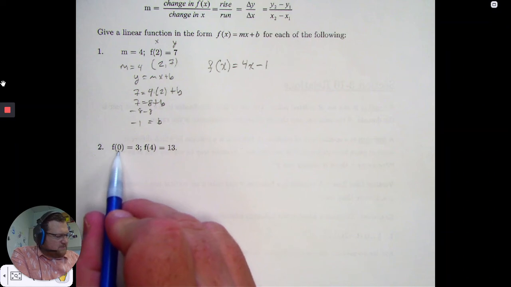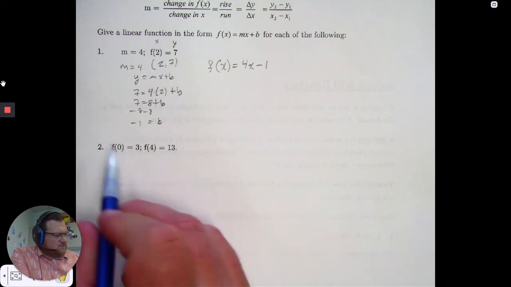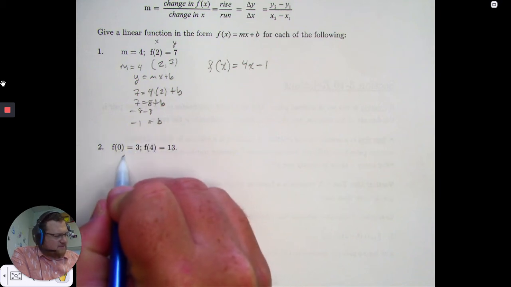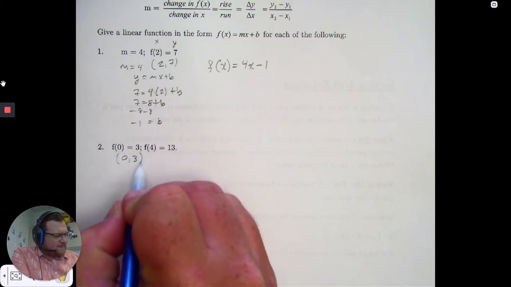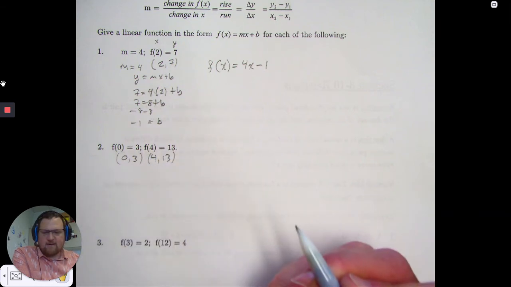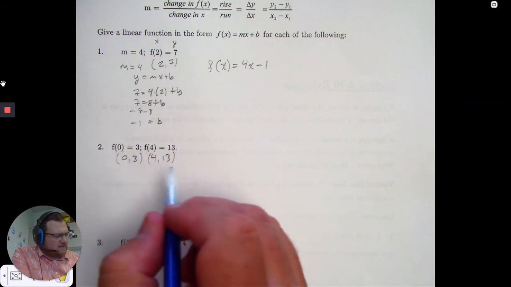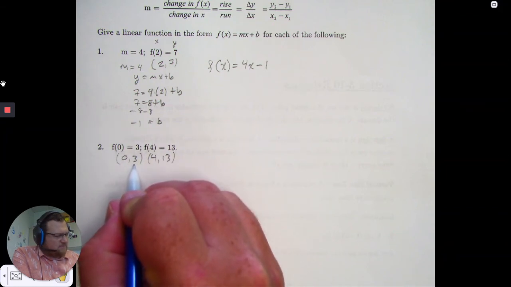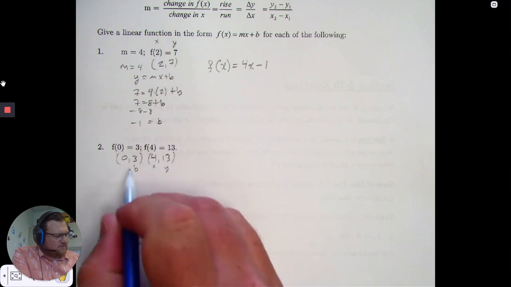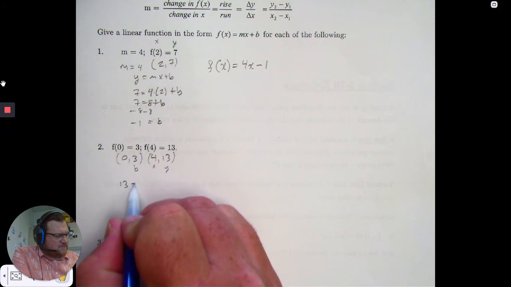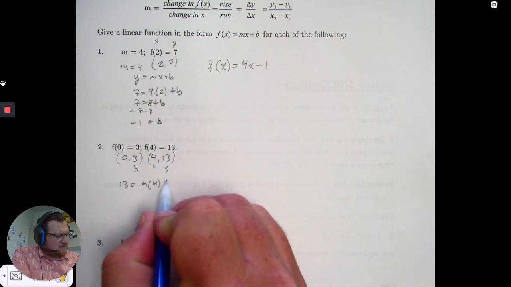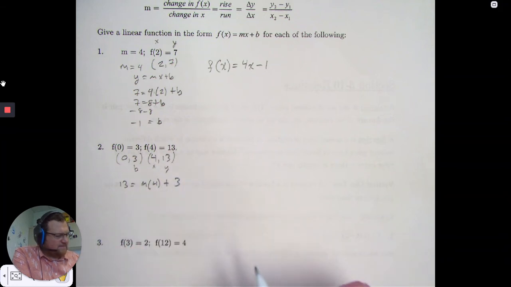Okay, they give us 2 points. You can find your slope that way, or you can notice that this is your y-intercept. 0, 3 is your y-intercept, and then 4, 13 is another point on the graph. Since you know that this is your y-intercept, you know that this has to be b. So now you have an x and a y you can put in along with the b, and you can say 13 equals m times x plus b.